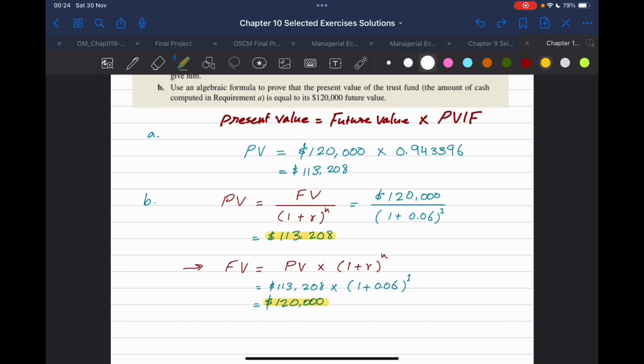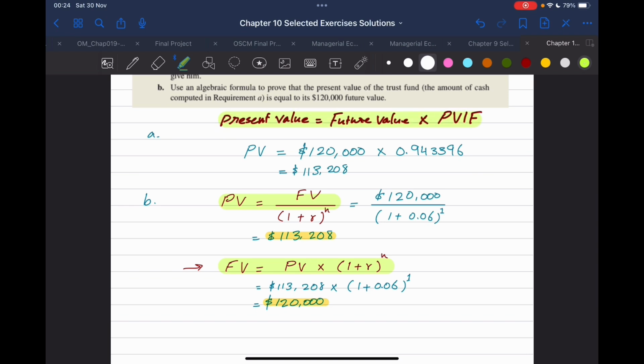Okay, let me use a larger highlighter here. So this is the present value of a single dollar amount formula, and this is the future value of a single dollar amount formula. Okay. Most likely you will be provided with the tables, and you're just going to use these right here.